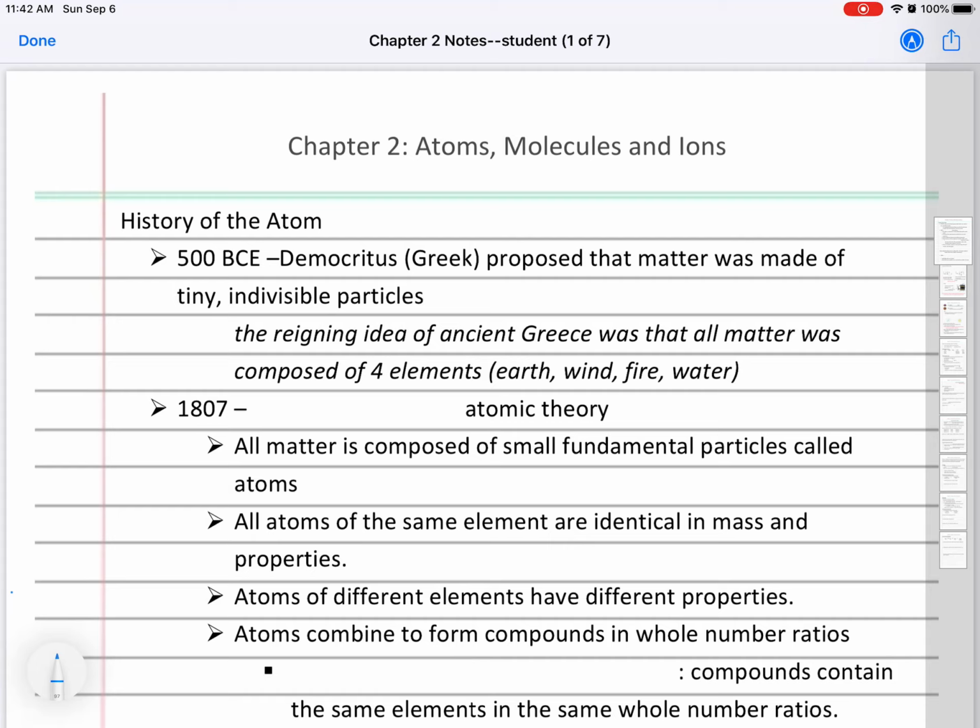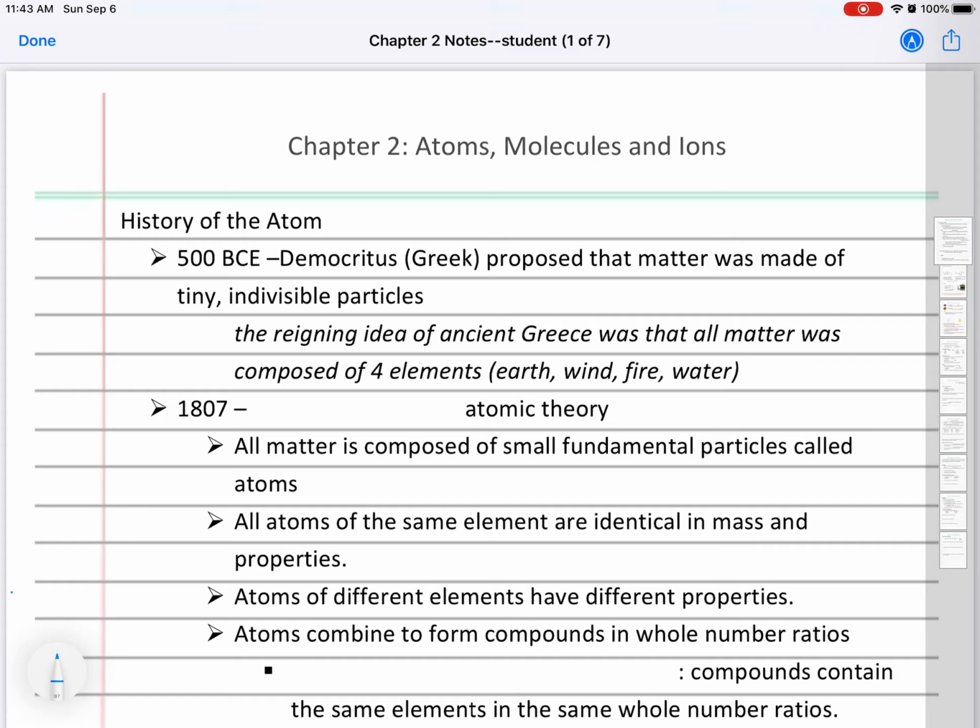The first person known to have a hypothesis about what things were made of was Democritus, a Greek philosopher, not scientist. He had this idea that everything was made of tiny indivisible particles, that if you took a stone and cut it up and cut it up, at some point you'd get to a tiny particle that could not be cut any further.